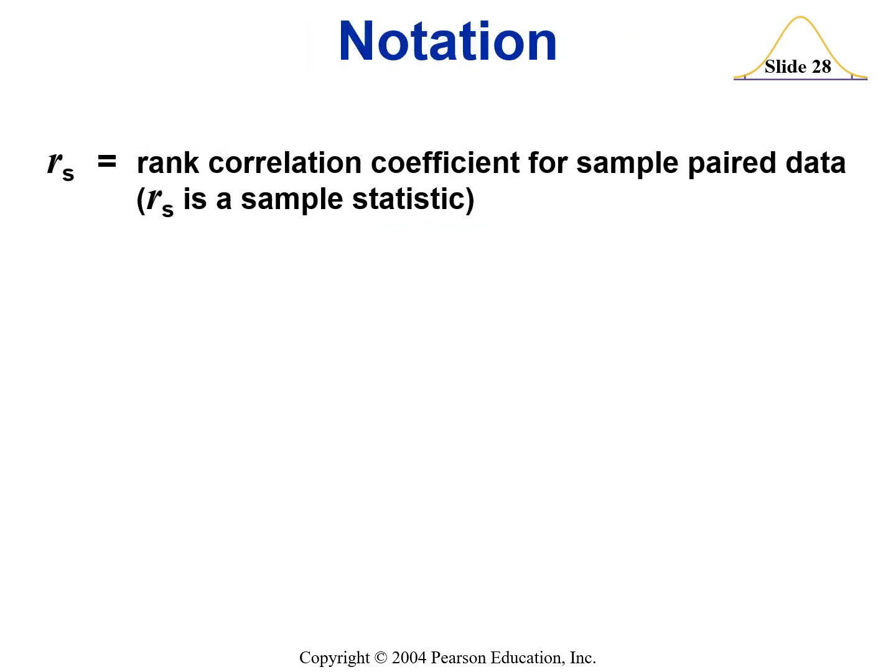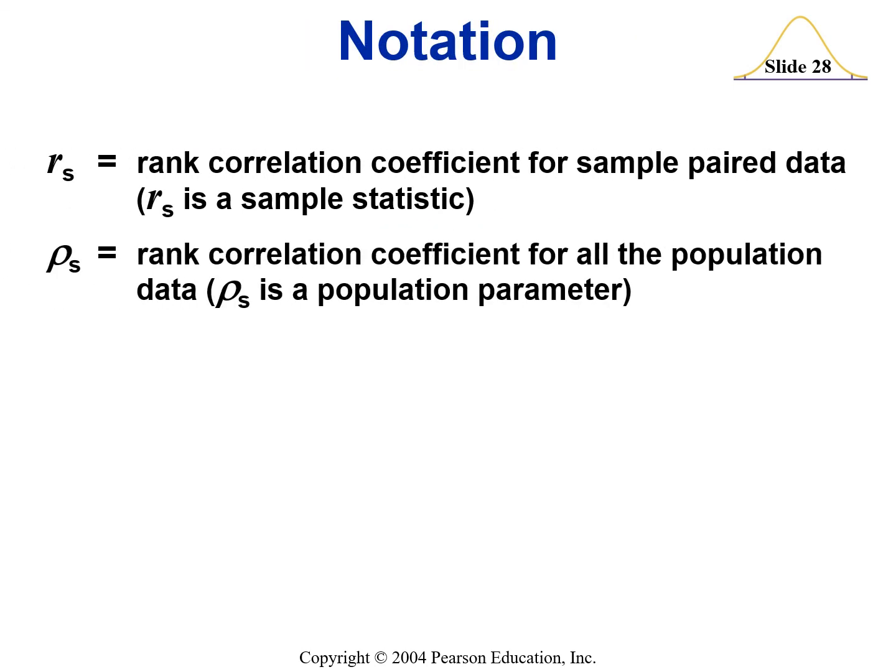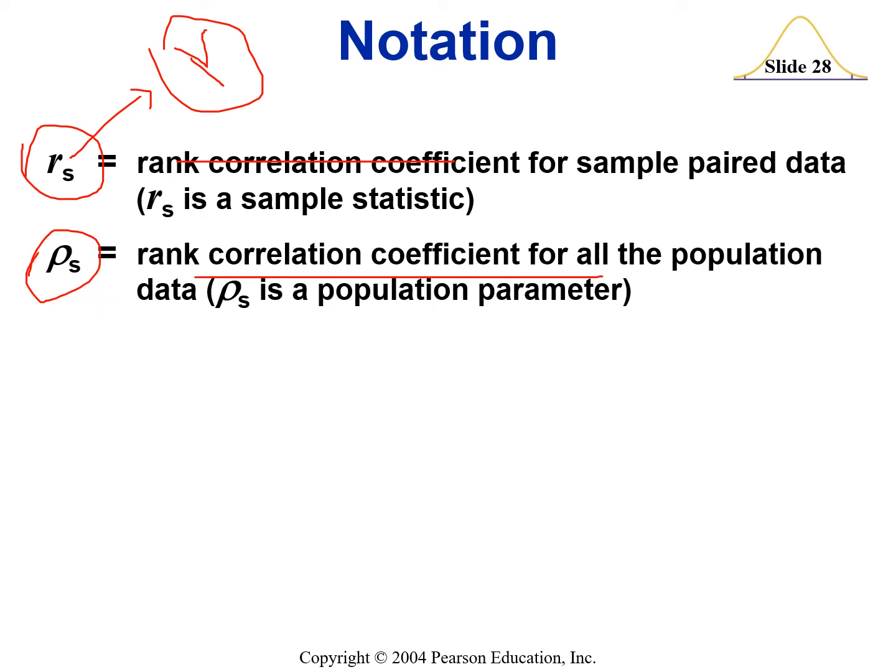Now, here is small rs, which is the rank correlation coefficient of the sample. Small rs corresponds to small r. Small r is the sample linear correlation, and small rs is the rank correlation coefficient. Rho s is the rank correlation coefficient of the population, so it is similar to rho, which is the population linear correlation coefficient.